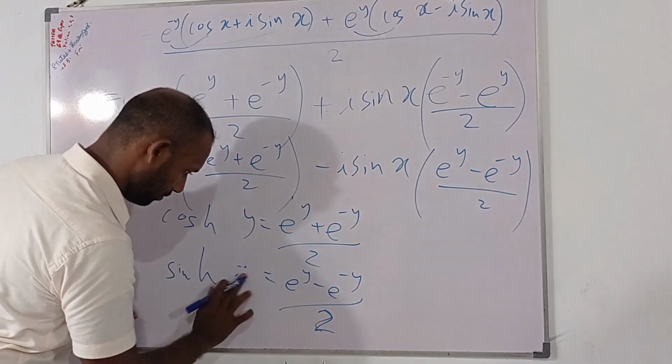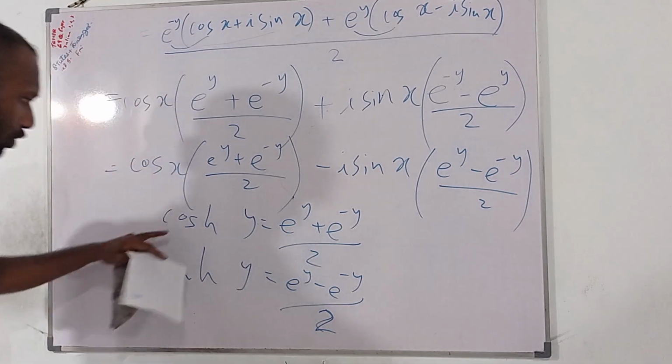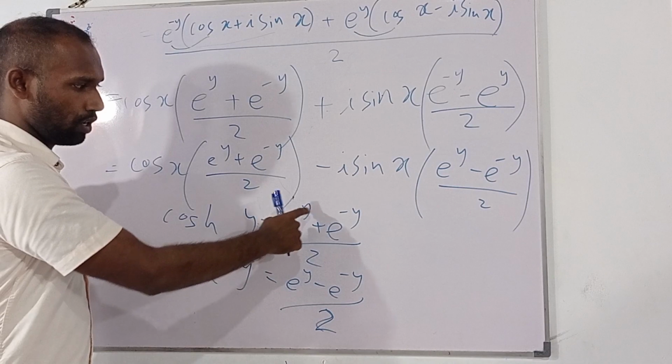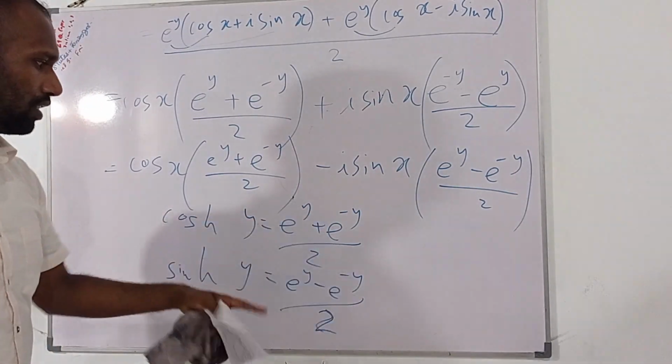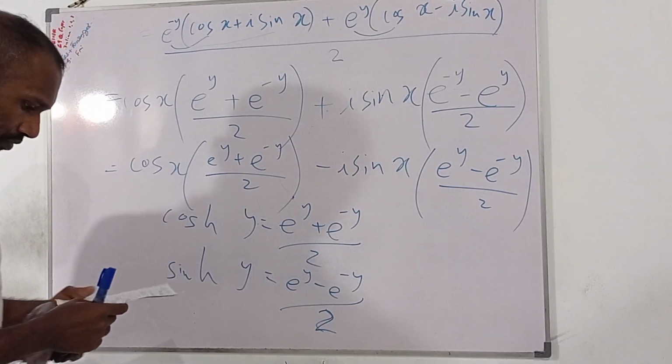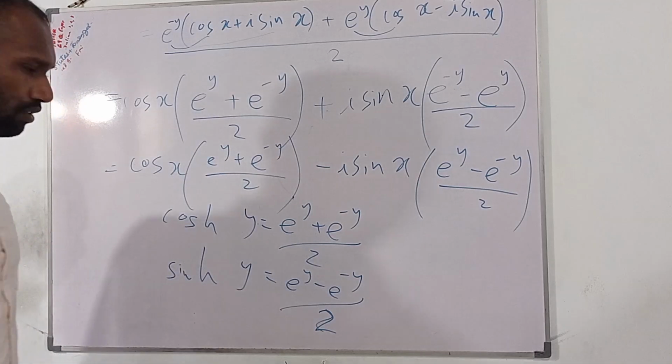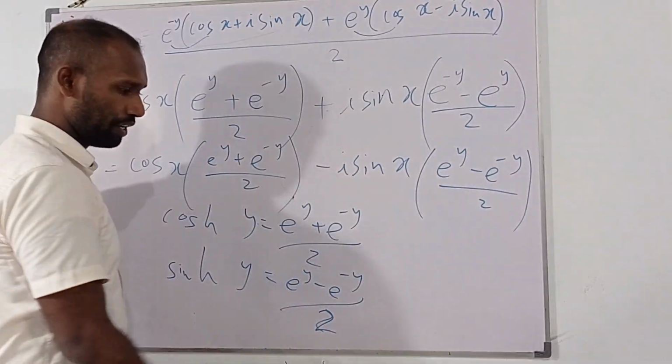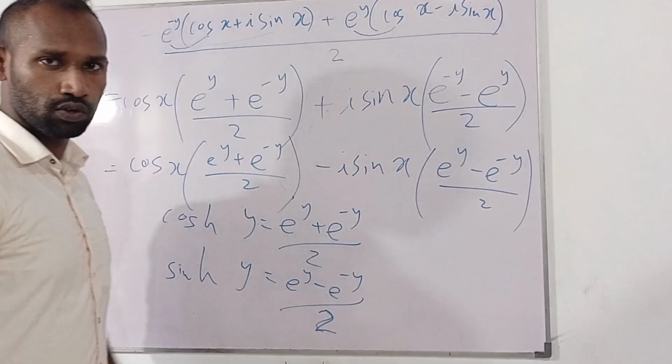So cos y equals e to the power y plus e to the power minus y over 2, and sin y equals e to the power y minus e to the power minus y over 2.